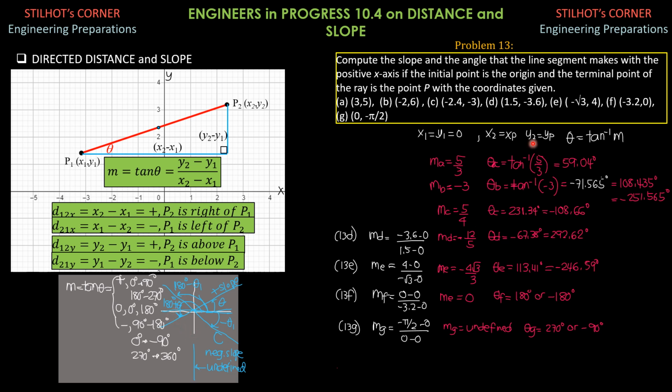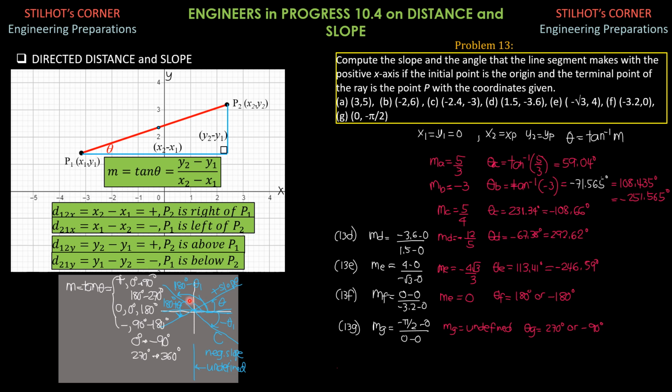251.565 degrees. Then at C, negative 3 over negative 2.4, it is in the third quadrant. If you use your calculator, inverse tangent of 5 over 4 will give us an acute angle, which is the angle it makes with the x-axis. Then all you have to do, in standard position, is 180 degrees plus the angle calculated, arctan of 5 over 4, which is 51.34 degrees.